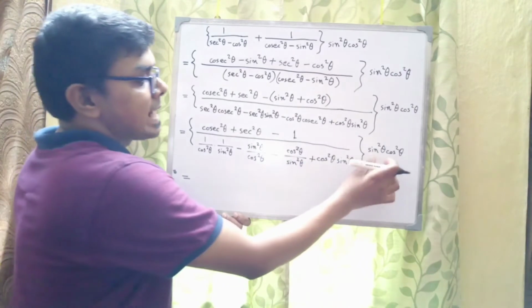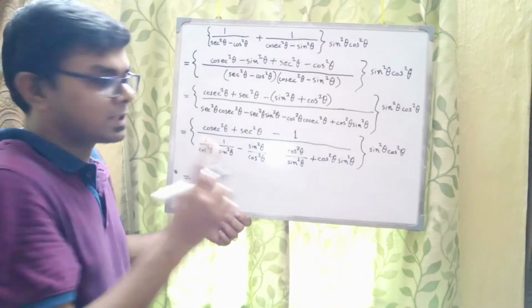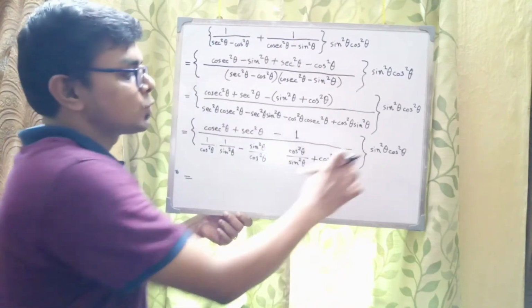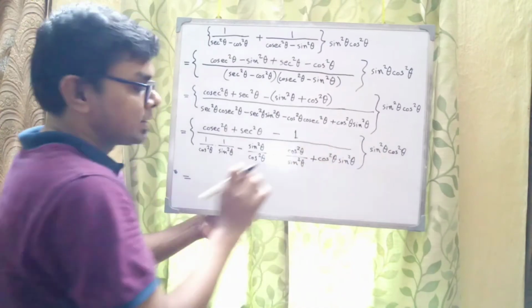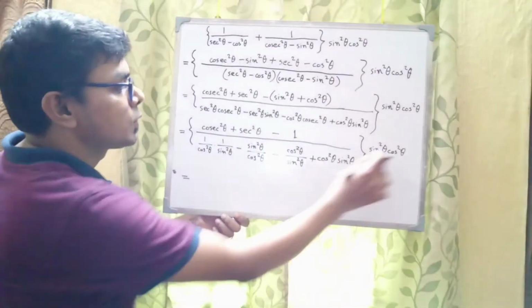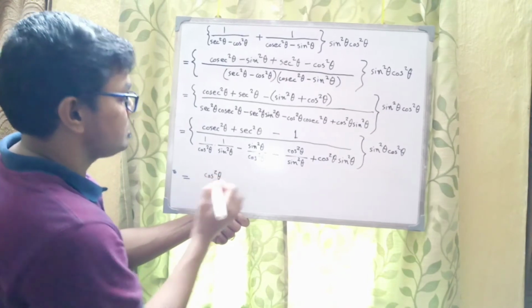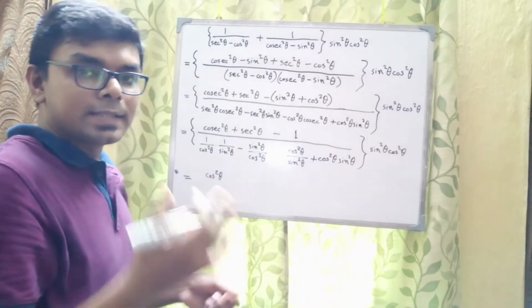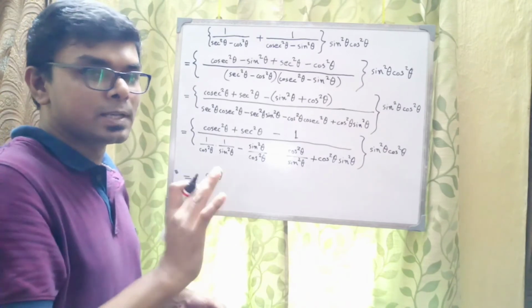Now sin² θ into cosec² θ gives us 1, because sin θ equals 1 by cosec θ, so sin θ times cosec θ is 1. So it is actually 1 into cos² θ, and the first term is only cos² θ. If you don't understand, just rewind this part.